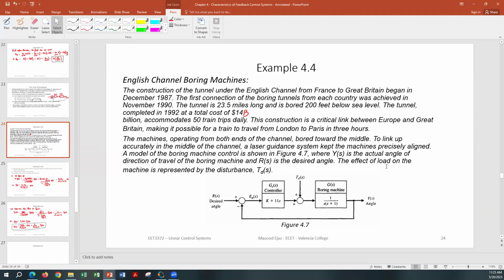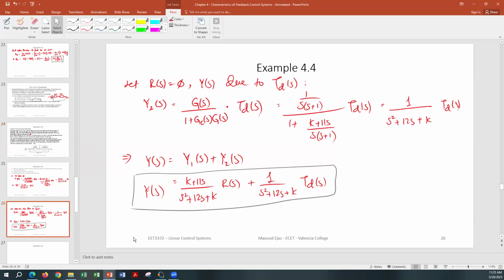So the expression of Y that we wrote represents the actual angle at which the boring is happening because of R(s), that is the desired angle, and because of the load on the boring machine, which is represented as the disturbance.